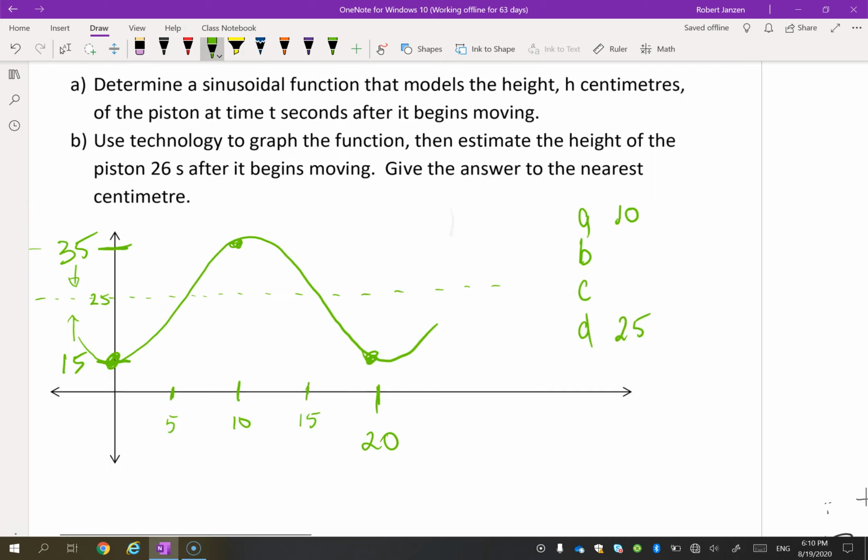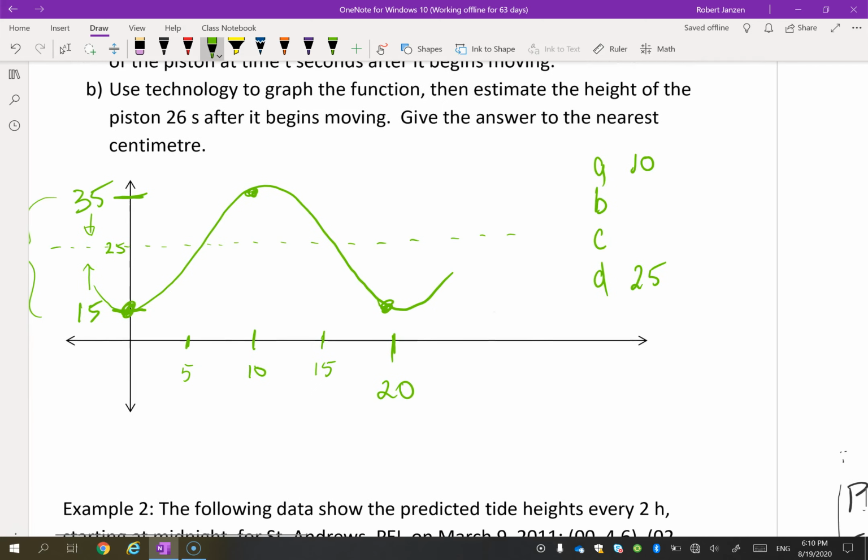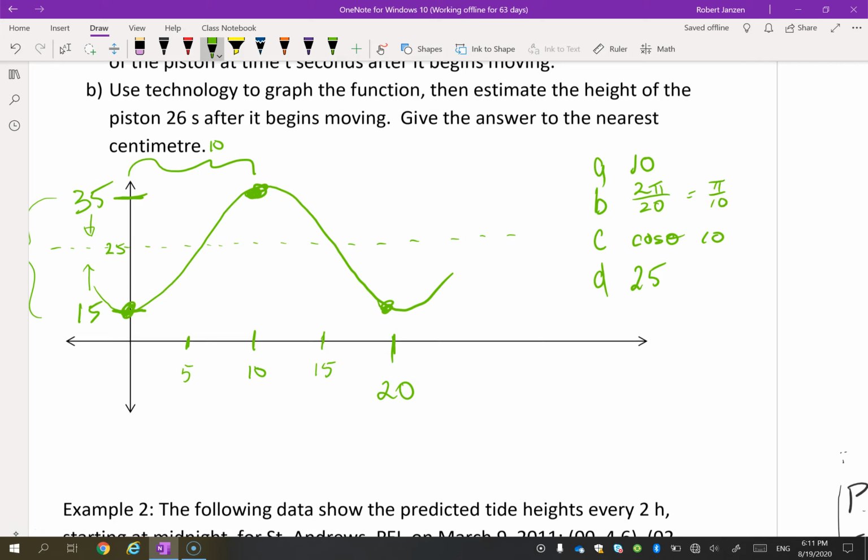Now it says a sinusoidal function, so we only need to do sine or cos. I think it's probably easier to do cos in this case because we already have that high point. I already know that this phase shift is 10 units. So for the cos graph, there's a phase shift of 10. And we already know that the period is 20, so b is going to be 2 pi divided by 20. This is pi over 10.